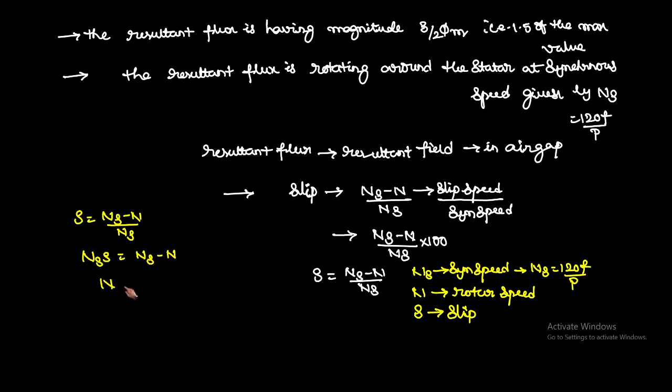I will bring n to this side: n equals ns minus ns into s. So n equals ns into 1 minus s. That is the rotor speed. The rotor speed formula will be very important.